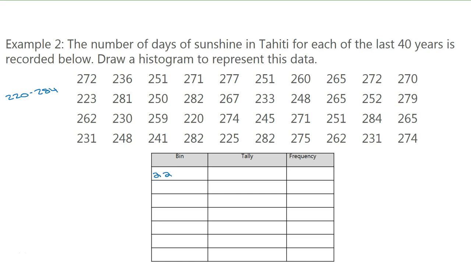So we have 220 to 230, 230 to 240, 240 to 250, 250 to 260, 260 to 270, 270 to 280, and then lastly 280 to 290.